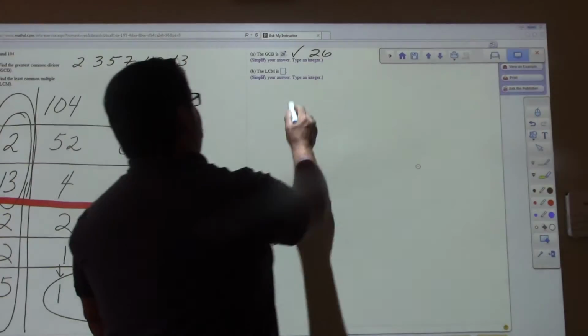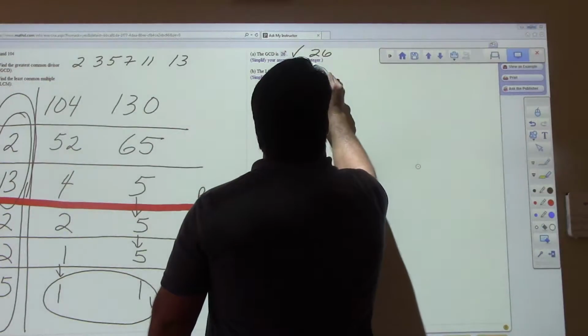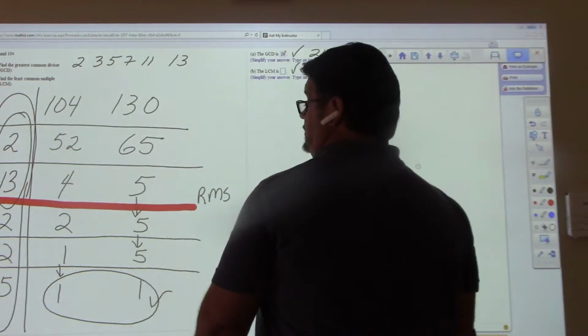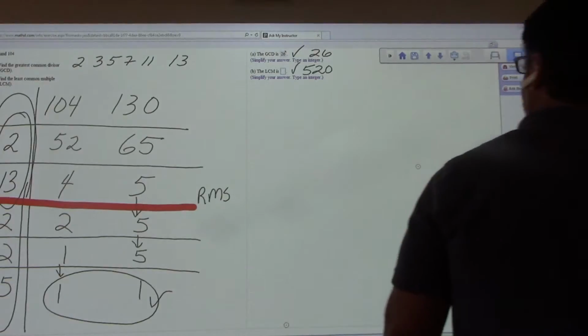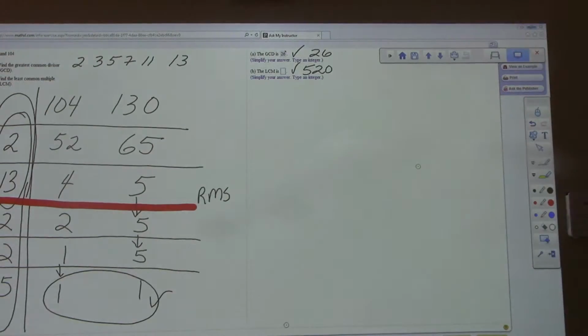So our answer here should be 520. Check to see if 130 times 4 gives us 520. I think it will. So we take our handy dandy virtual cursor and put 520 there, and we feel good about ourselves.